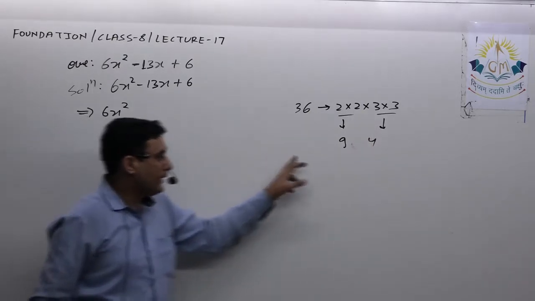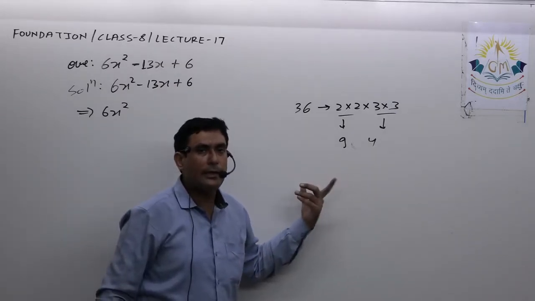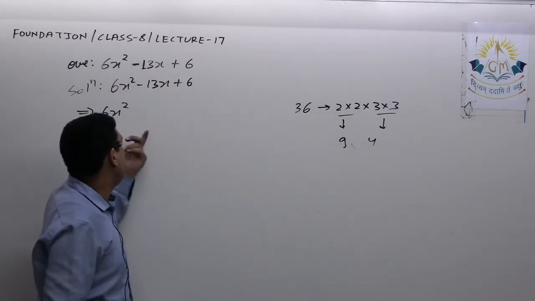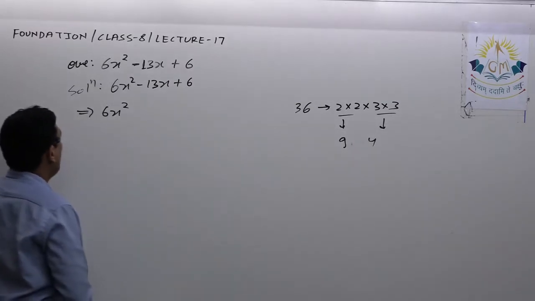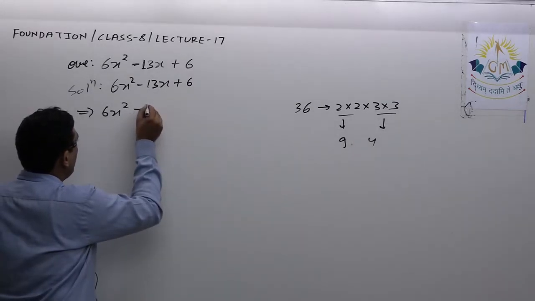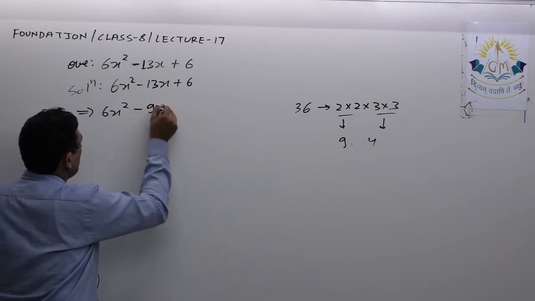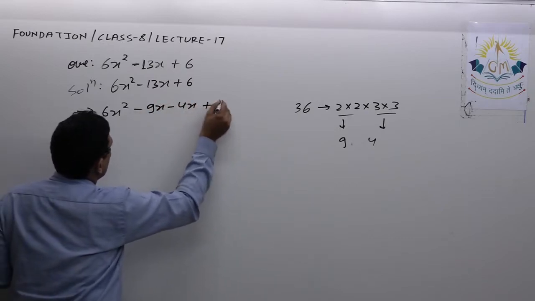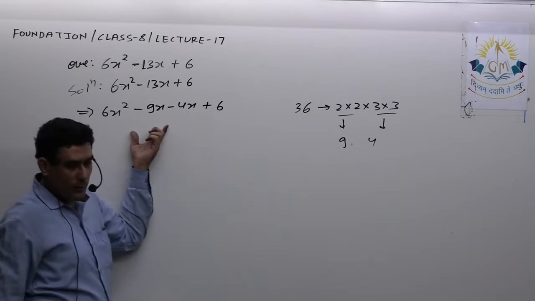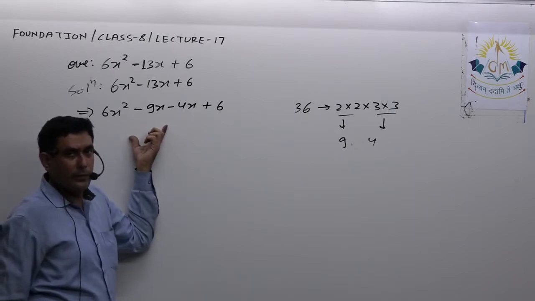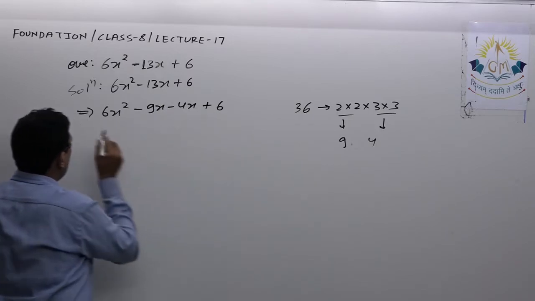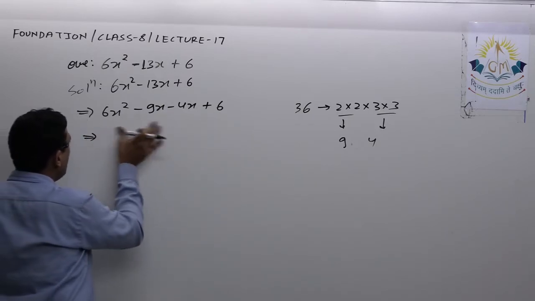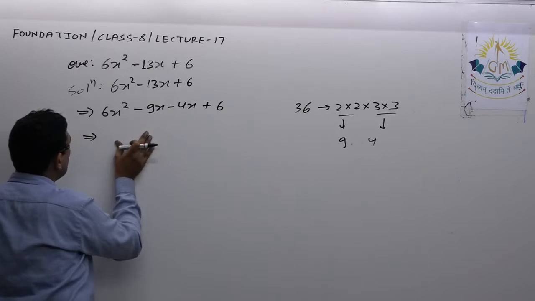Also, I have to take 9 and 4 both as negative, then only I will get minus 13, and then and only then I will get the product as positive. So here I write minus 9x minus 4x plus 6. Now if we check the product over here, it will be plus 36x square, which is the product of first and last. So from these two I can take 3 common.